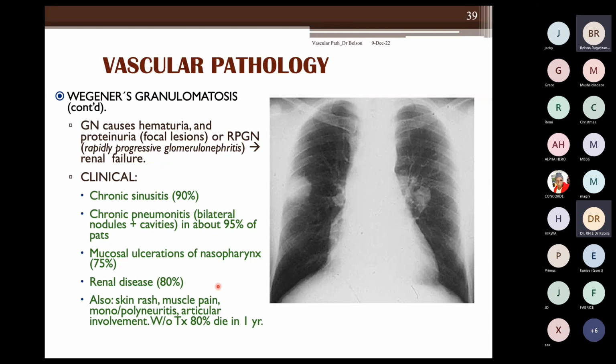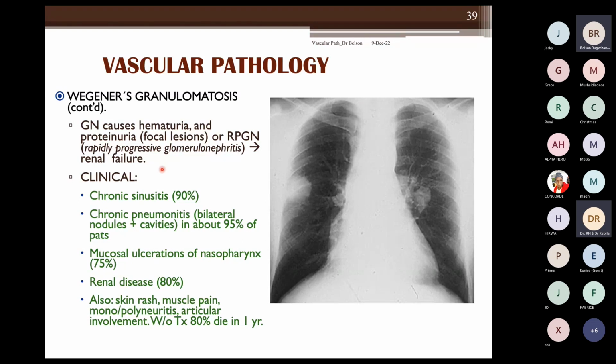So this granulomatosis will cause glomerulonephritis, causing hematuria, meaning blood in urine, and proteinuria, meaning the loss of protein through the glomeruli, and so on, and rapidly progressive glomerulonephritis. Then this will lead to renal failure.